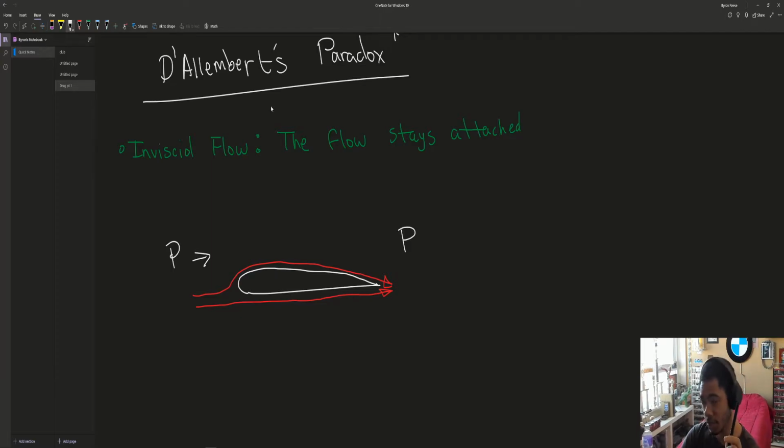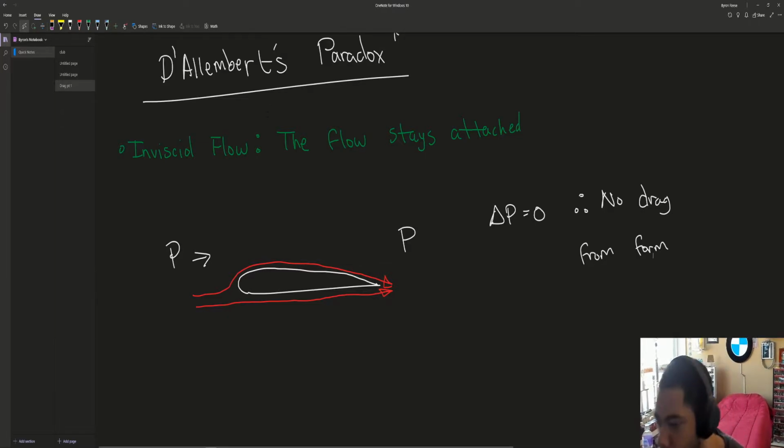Because of this, a pressure gradient isn't caused, delta P equals 0, and therefore there is no drag from form drag. Now we know this not to be true, and it's because of the viscous effect. The viscous effect causes separation, and because of separation, you cannot have an equal amount of pressure on the front as that in the back when you sum it all up. That pressure gradient will not equal 0.